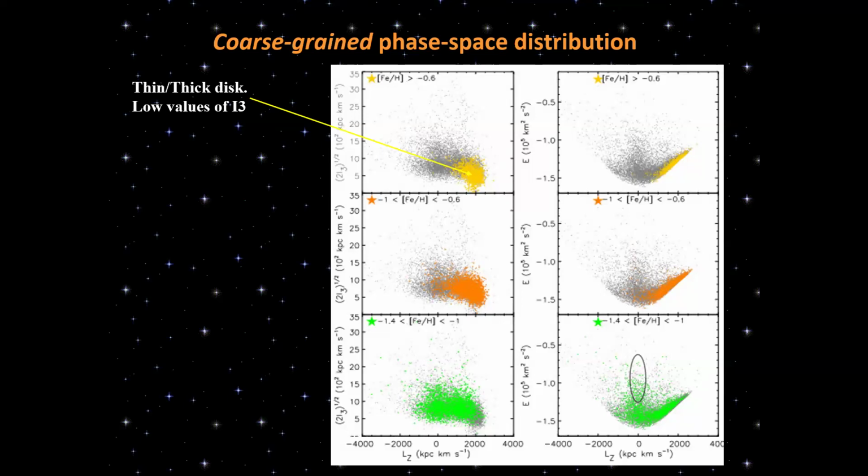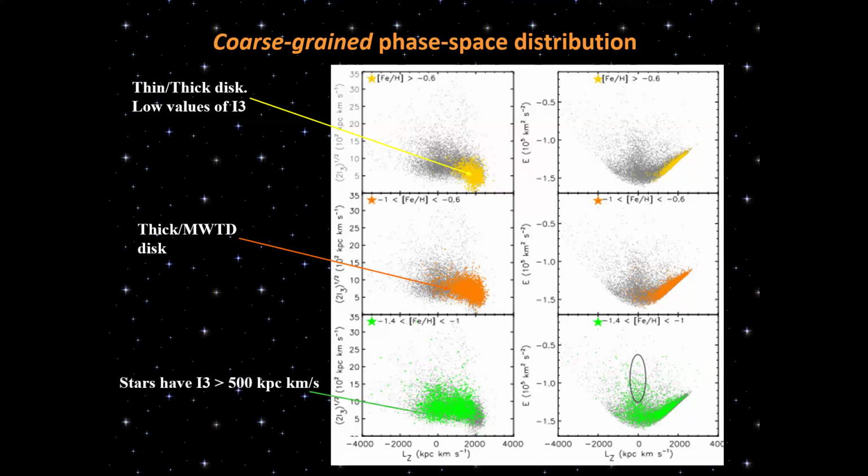They are on this part of the parabola shape in the energy versus angular momentum. And as we move down to lower metallicities, we can see that stars progressively go to lower values of Lz, and this is a combination of the thick disk and metal-weak thick disk.